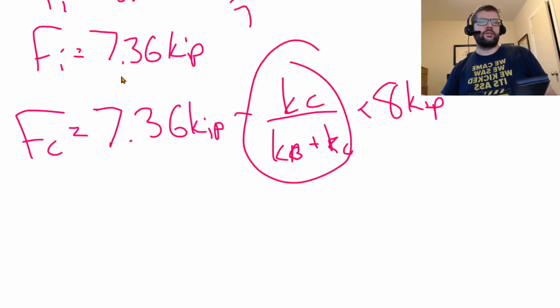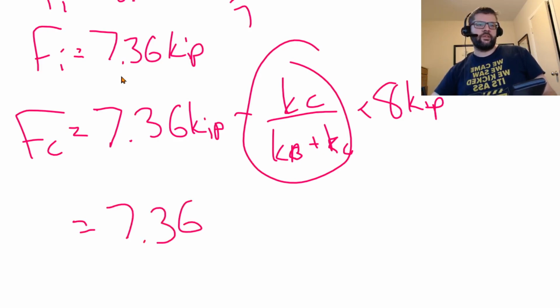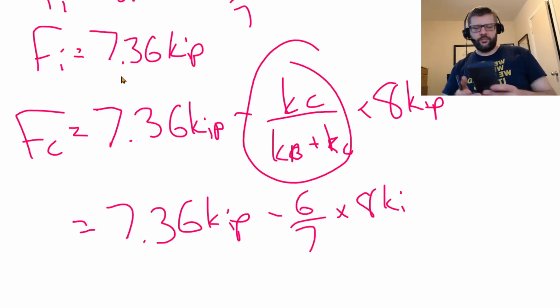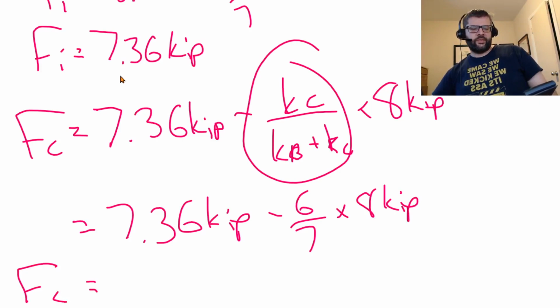Again, Kc is 6 Kb in this situation, so that resolves to 6 over 7. So 7.36 minus 6 over 7 times 8. In that situation, our Fc is equal to 1.4 kips.